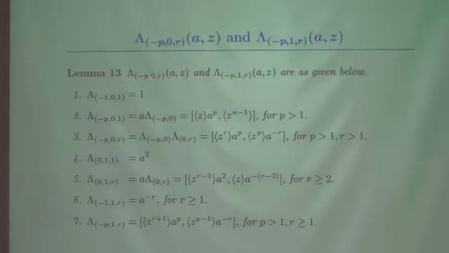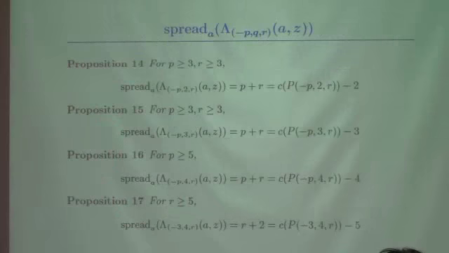So this is a pretzel with no crossing in the middle, and this is a pretzel with one crossing in the middle. Their lambda polynomials are computed using the previous lemma, and then we combine them together to get these propositions.